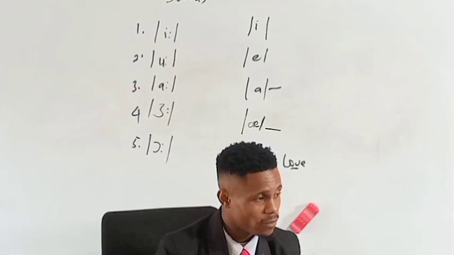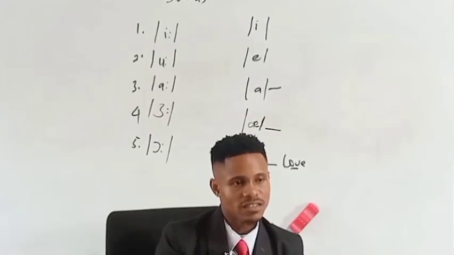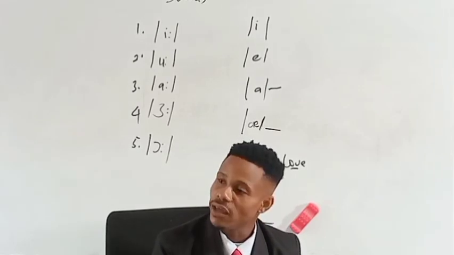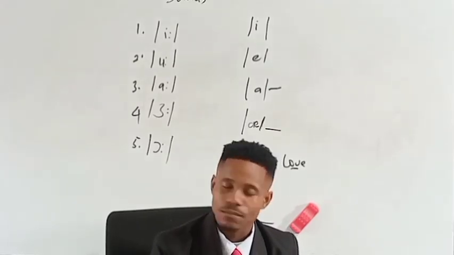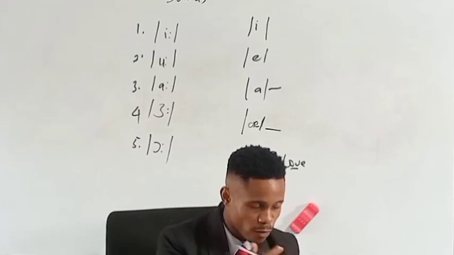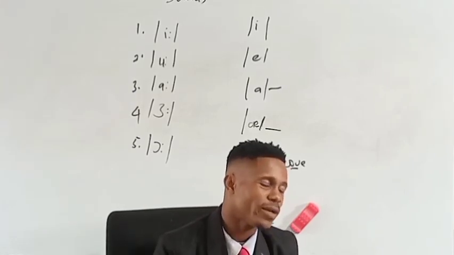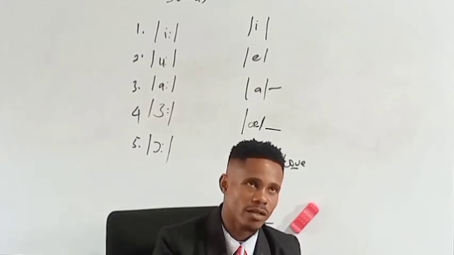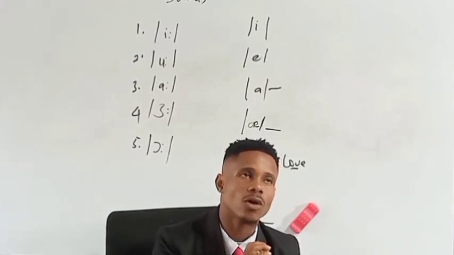The position of the tongue, the front vowel. Now, listen to me. E. Where do you think E is coming out from? Try to make the sound E. Now, from the sound that you are making, where is it coming out from? What part of your tongue? Is it from this front, or the central, or the back?